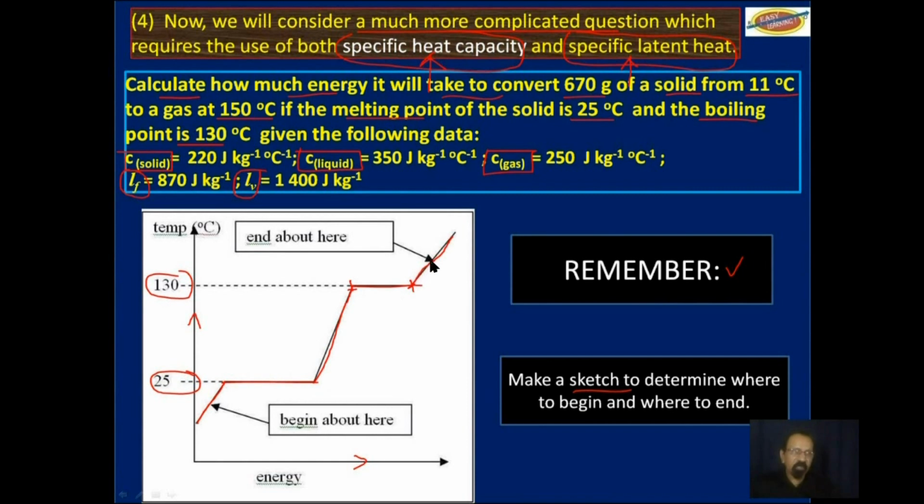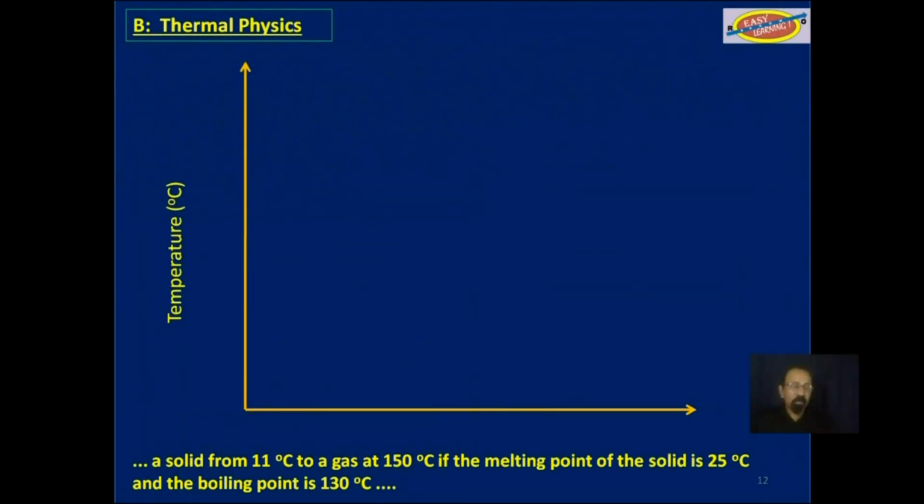So you make a little sketch like that to understand where we are and where we need to go. This is the actual sketch we are going to work with. Melting point, boiling point. We are starting a little below melting point. Here we have no change in temperature, where the solid is becoming a liquid if we are going in that direction.